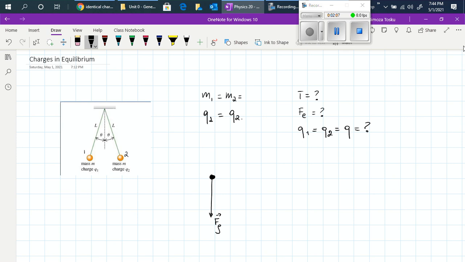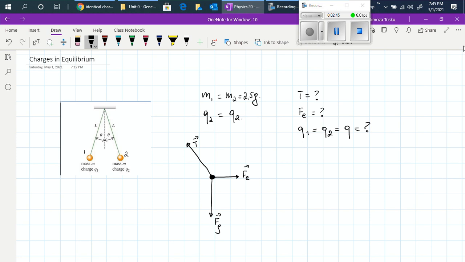Let's put a value for the masses so that it is clear for you, 2.5 grams. The other force that the object is experiencing is tension, which goes along the string starting from the object. The third force that charge 2 is experiencing is the electrostatic force, which we know, based on the general law of charges, is a repulsion, since the two charges are equal to each other.